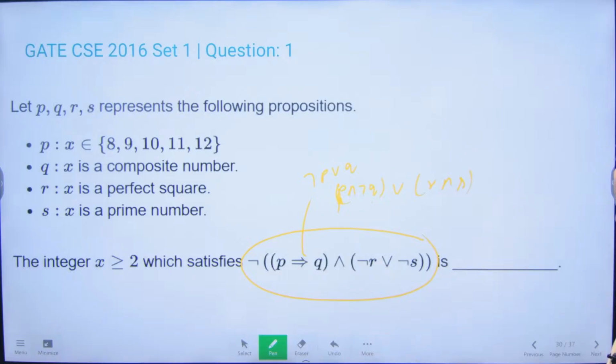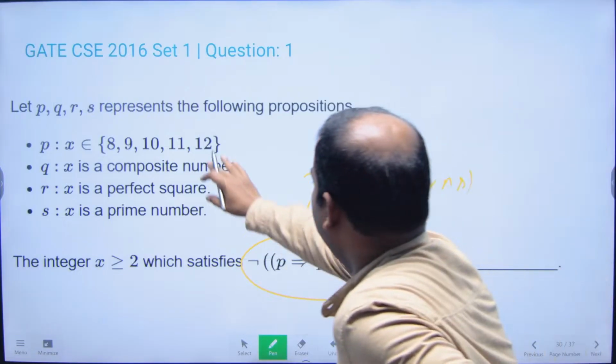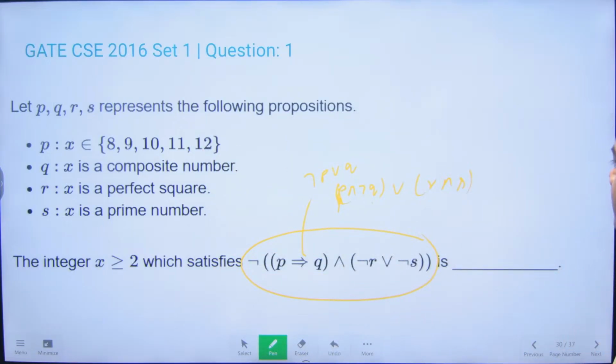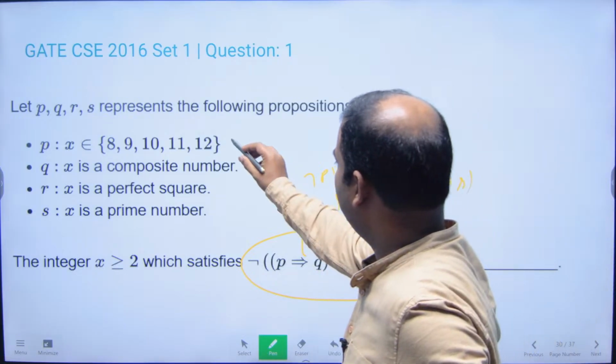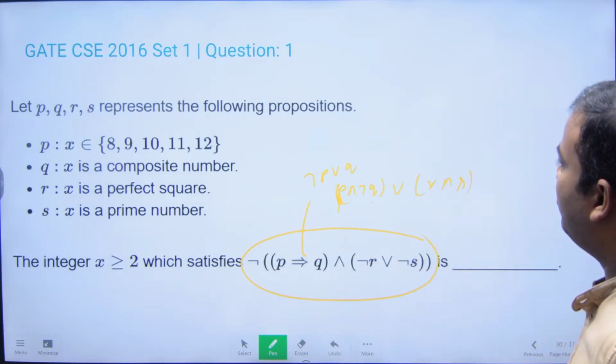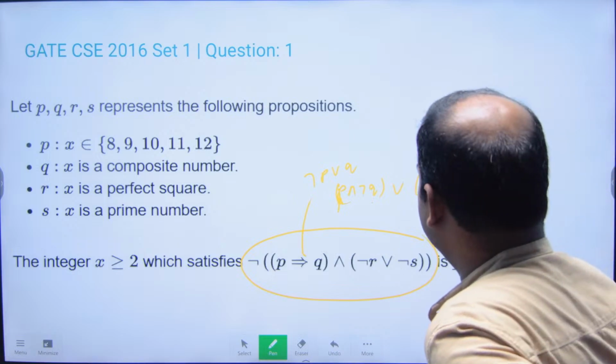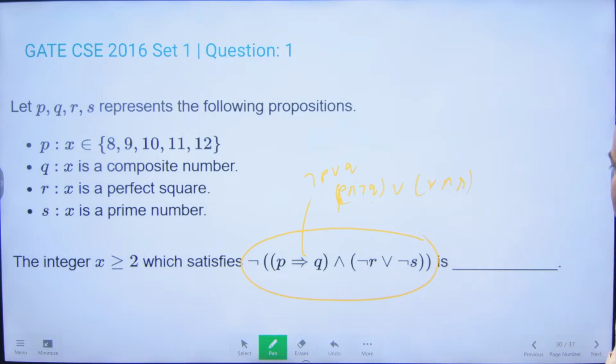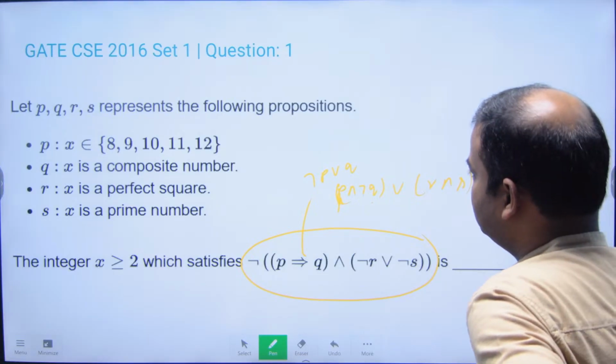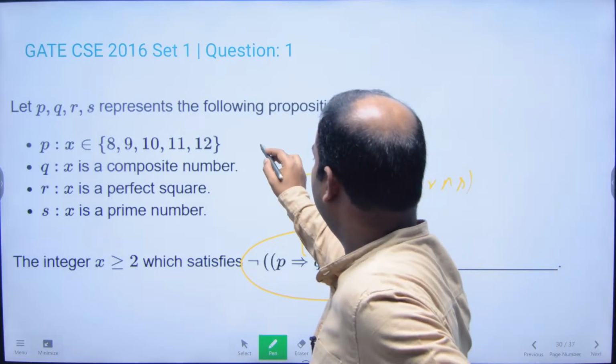Now you just have to think in these terms. So what is P and not Q? P and not Q means which numbers? Which is not Q. And similarly, 11. Correct. P and not Q is 11.